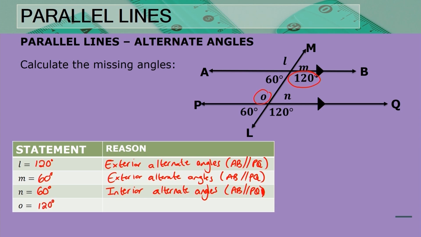But from our last work, we can also see that O is vertically opposite to the 120 degrees, and because they are formed by two lines intersecting there, that also means that they are equal. But the reason that we are going to use here is because of the interior alternate angles. And let's not forget that it's because AB is parallel to PQ.